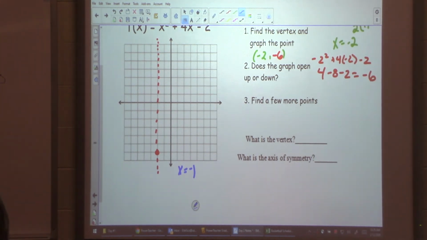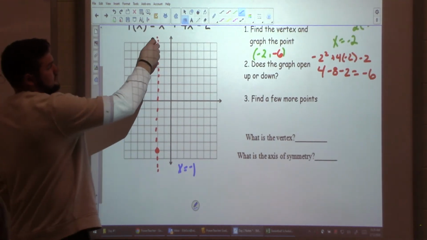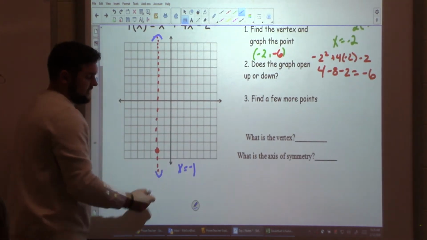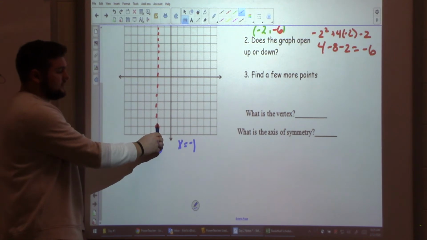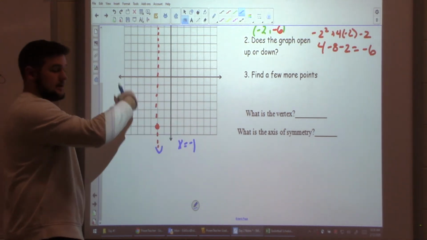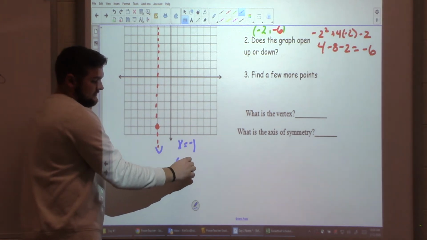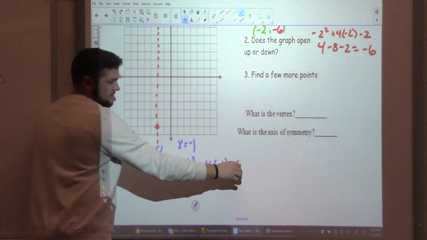Should there be arrows at the end of the dash line? Yes, you can put arrows. I'm not a big stickler on that, but yes, there should be. So I started at x equals negative 2. I went 1 to the right, which gave me x equals negative 1. Plug that back in: negative 1 squared plus 4 times negative 1 minus 2.